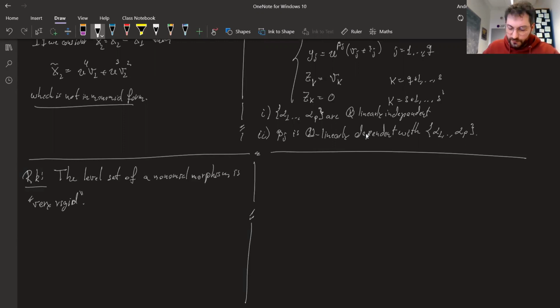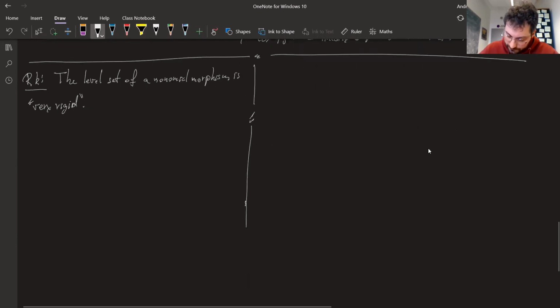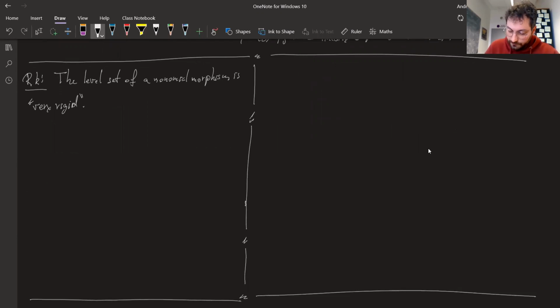So maybe let's start with a couple of examples, and then I'm going to complete the definition that I want to put here. Let's say that we consider a morphism phi from C3 to C2.